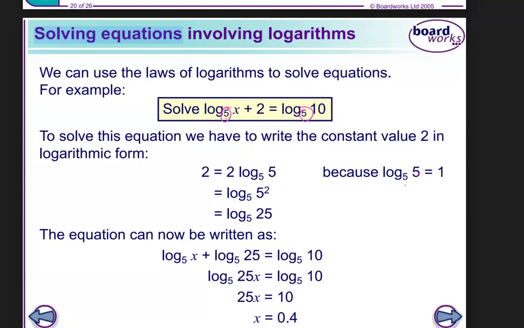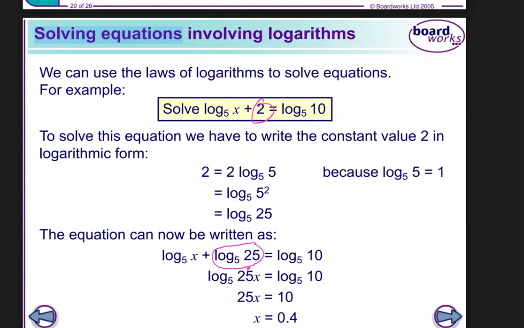So to evaluate that, log base 5 of 5 equals 1. Let me just step back slightly for you so that you can know exactly what they did. They can rewrite these two to this because it's the same thing. 2 is the same thing as log base 5 of 25, because 5 squared is 25.